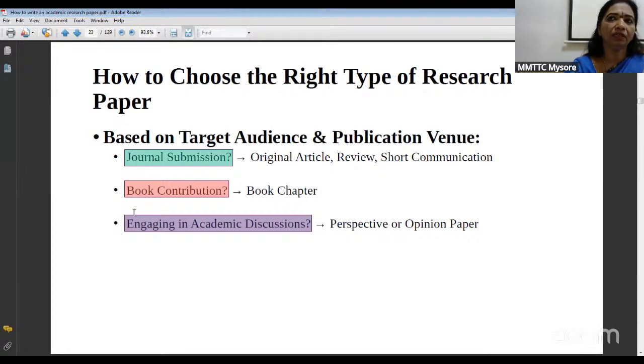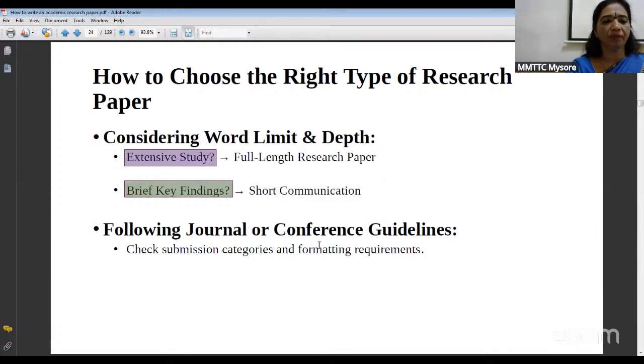If you are aiming at students and classrooms, you go for a book contribution. They will take up book chapters. And if you are targeting academic discussions or an academic audience, then you go for the perspective or opinion paper. So that is how to choose the right type of research paper.